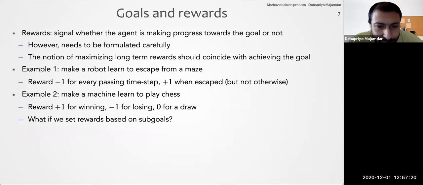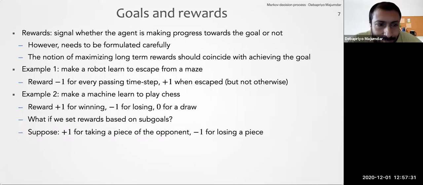Now, there is a bit of a problem if we formulate only that as a part of the reward. So what if we say +1 for taking a piece of the opponent and -1 for losing a piece if the opponent takes one piece of mine?